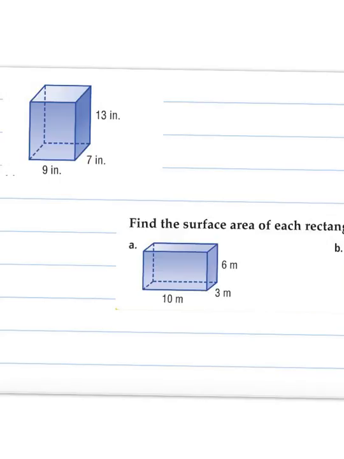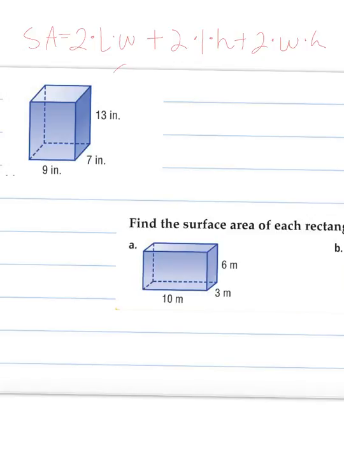So we take the surface area: 2 times the length times width, plus 2 times the length times height, plus 2 times the width times the height.